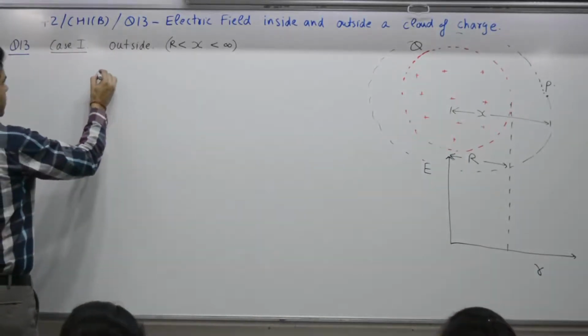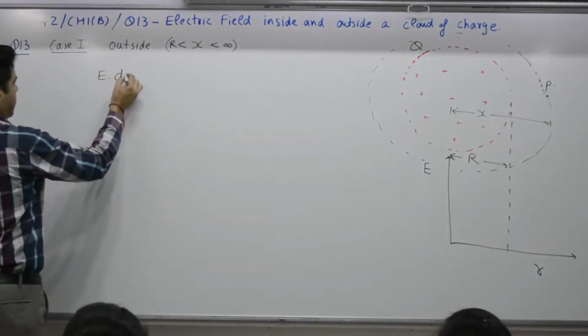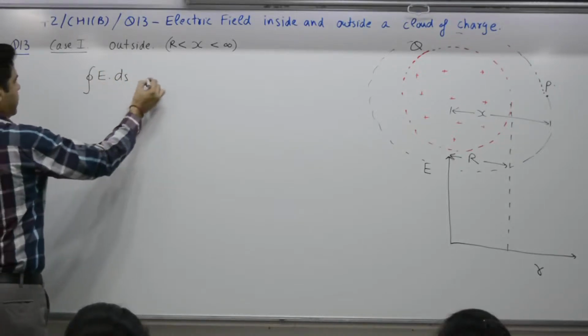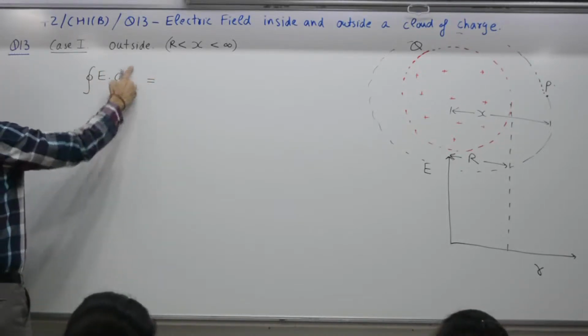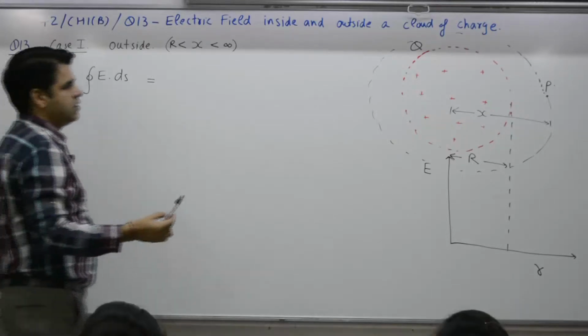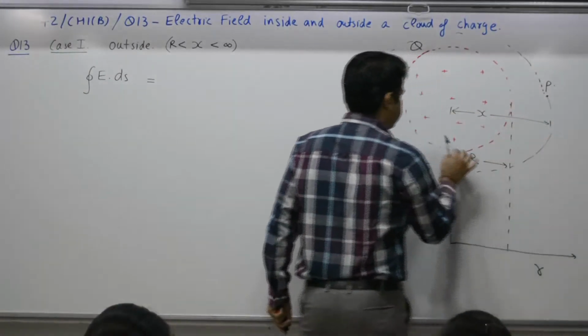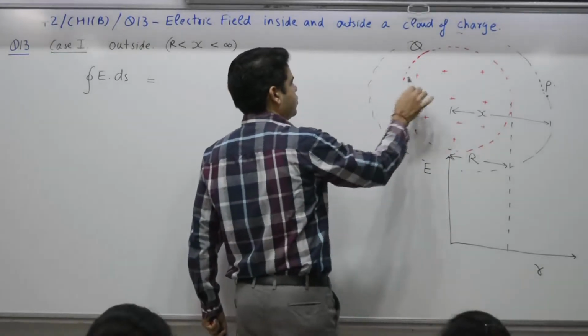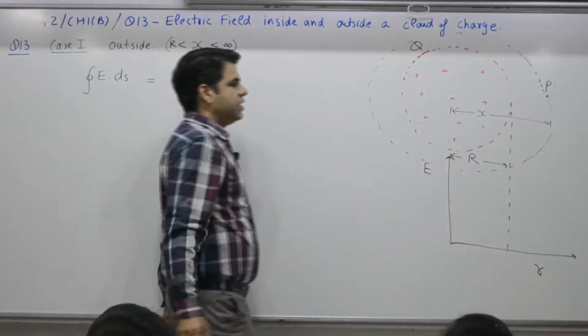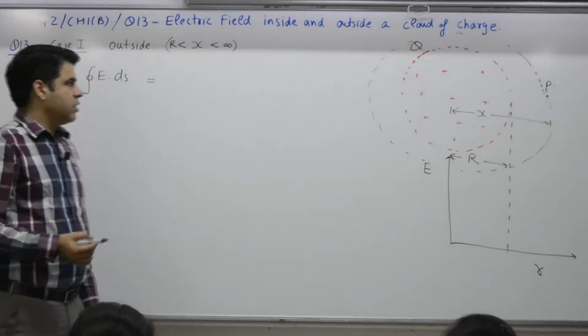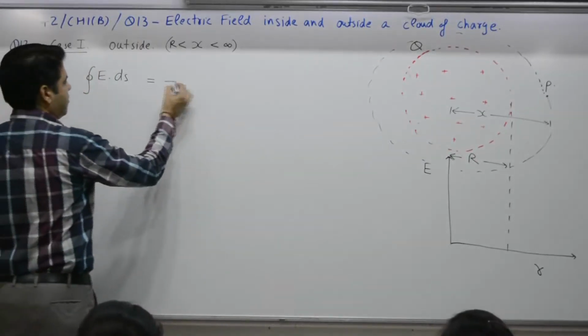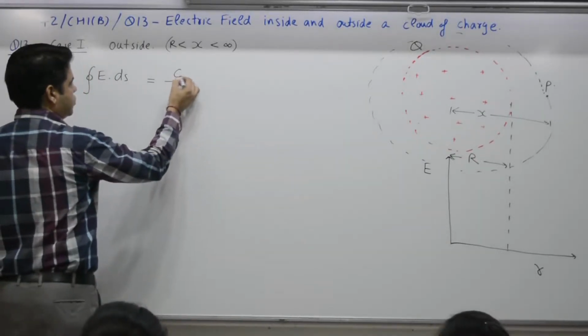As per Gauss's law, total electric flux out of a closed surface, just like light waves come out of a source of light, a bulb, similarly electric field lines come out, is equal to what? 1 by epsilon naught times charge.